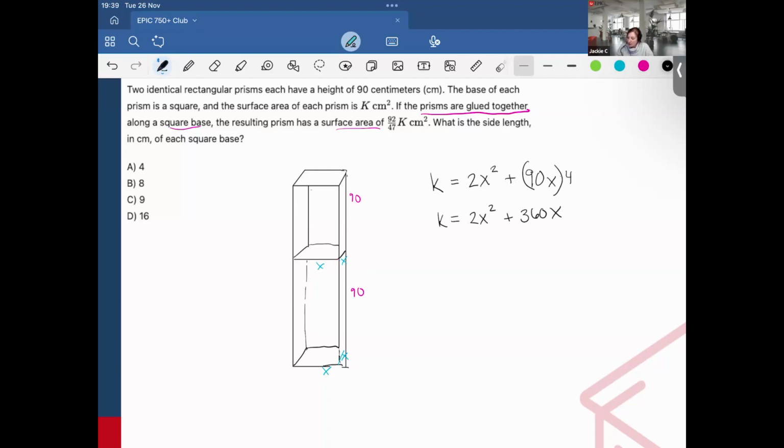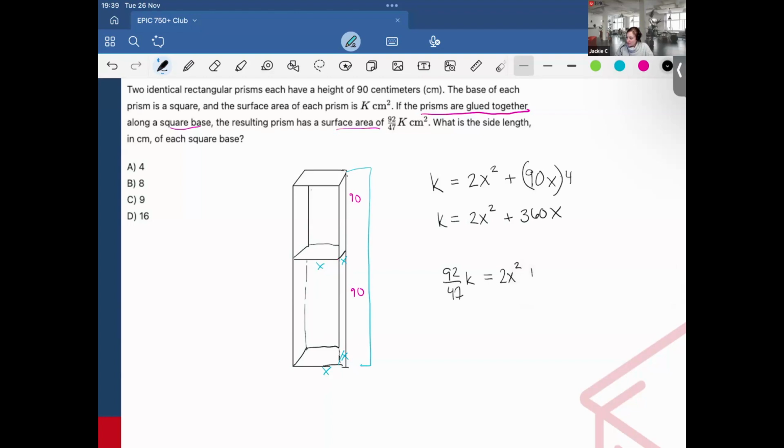Even though I don't have this square base here, I'm still going to have the two squares on the top and the bottom. So 92 over 47 k is equal to 2x squared, and the only difference is that instead of 90 as the height, now my height is 180.